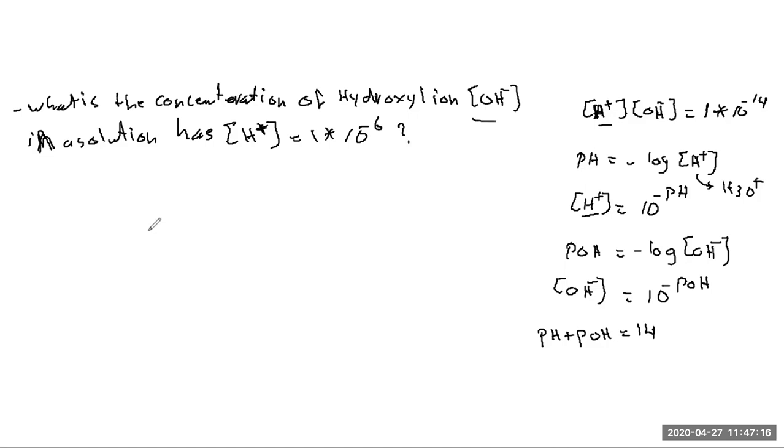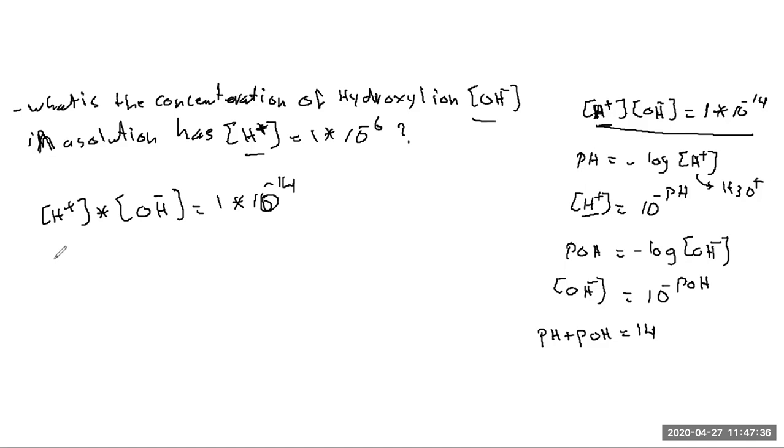Okay, so here they are asking for OH negative. We have the H positive, so we will use this equation. The H positive times OH negative will give you 1 times 10 to the power negative 14. Now the OH negative will equal 1 times 10 to negative 14 divided by the concentration of H positive.